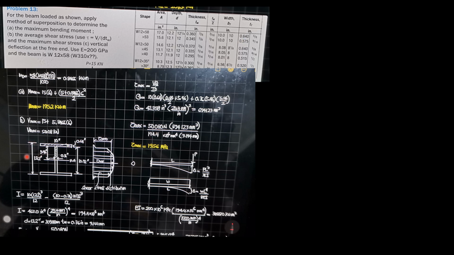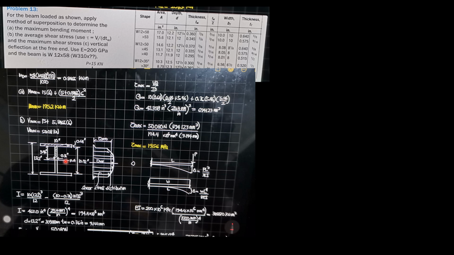Then we have the depth D of 12.2 inches. Therefore, this height of the web is 12.2 minus 2 times 0.64, because this is also 0.64. So that's why you get there 10.92.